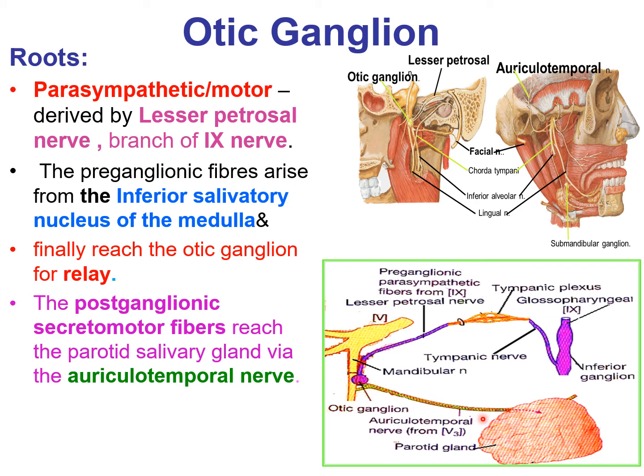So this is the parasympathetic or the motor root of the otic ganglion, where the nerve fibers arising from the ninth cranial nerve synapse and relay in the otic ganglion. The postganglionic secretomotor fibers are carried by the auriculotemporal nerve, from which they supply the parotid gland.